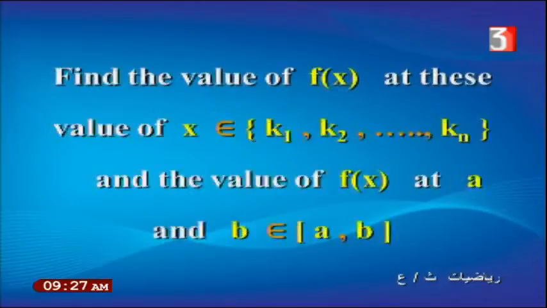Number 2, find the values of f of x at these values of x belonging to the set of k1 and k2 up to kn, and the value of f of x at a and b belonging to the closed interval a and b.